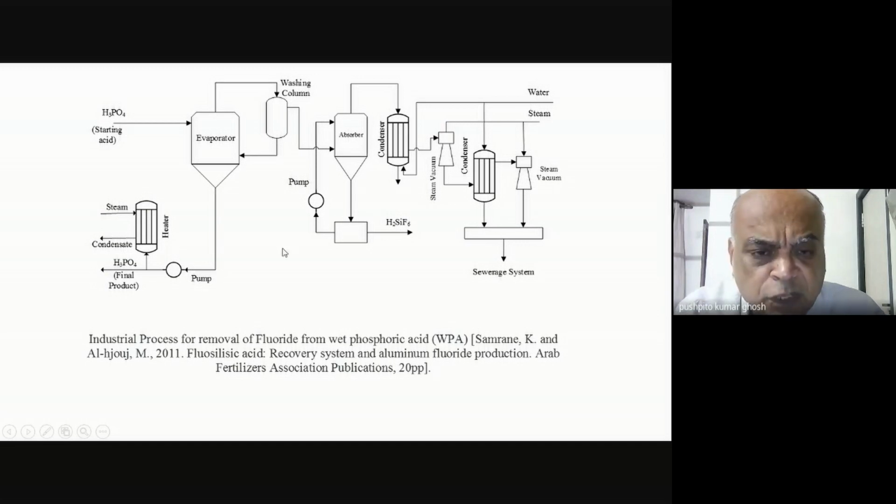In fact, it works quite well, and you can remove about 98% of the fluoride in this manner. Obviously, it's another operation downstream that one needs to carry out. So, at the heart of it, you have to strip off the H2SiF6, which is formed when you react the phosphoric acid with silica, and then you can recover the H2SiF6.